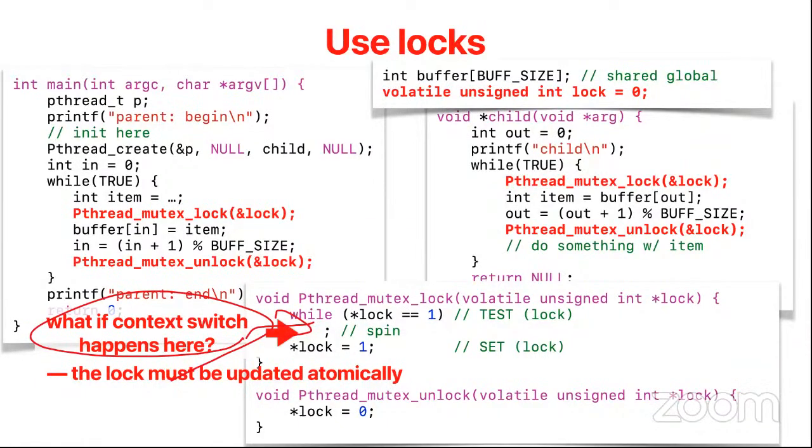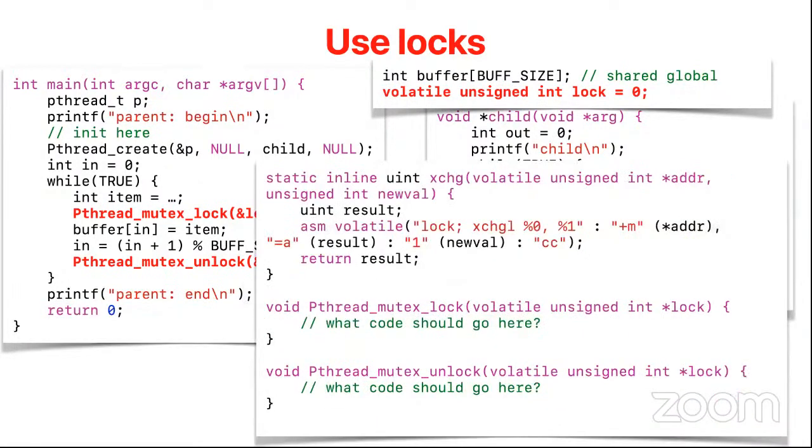You should have some kind of support that allows you to evaluate and change the value atomically, meaning that whenever you see it, you can change it, all in a single operation. So if you really want the spin lock idea to work, it turns out that you need hardware support.